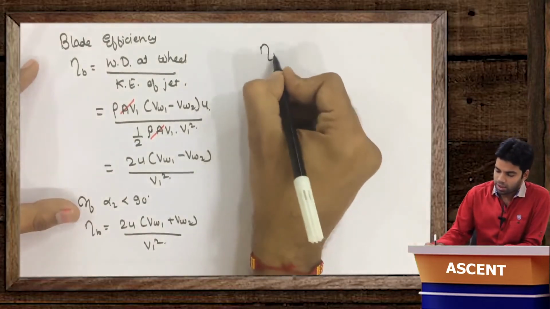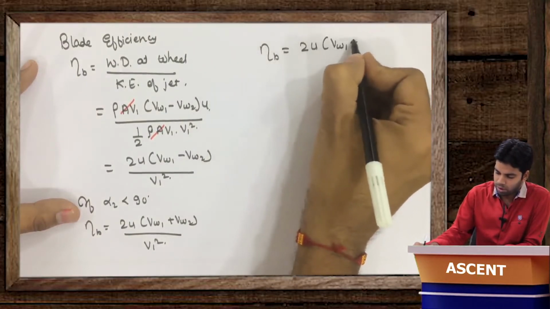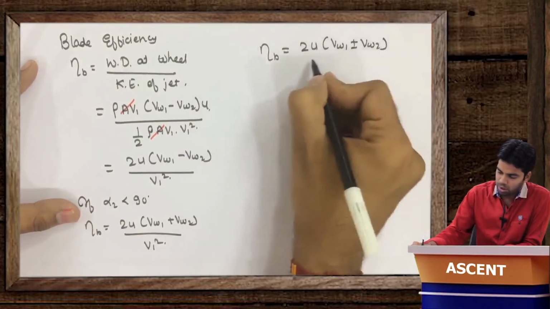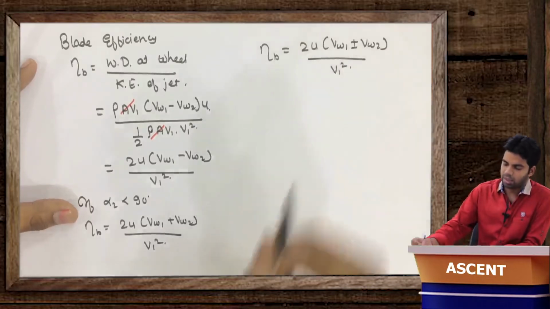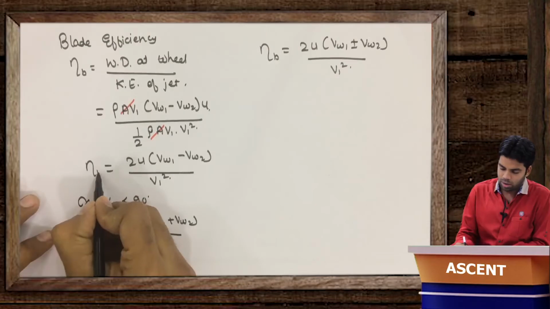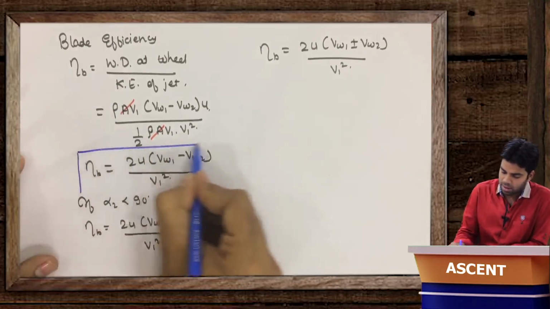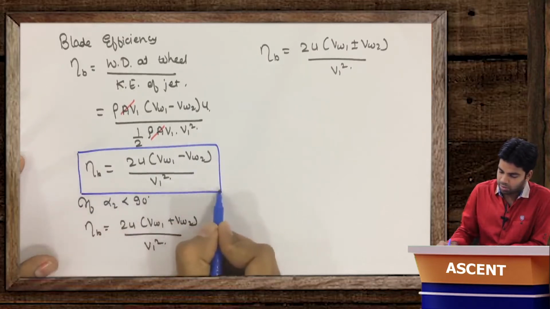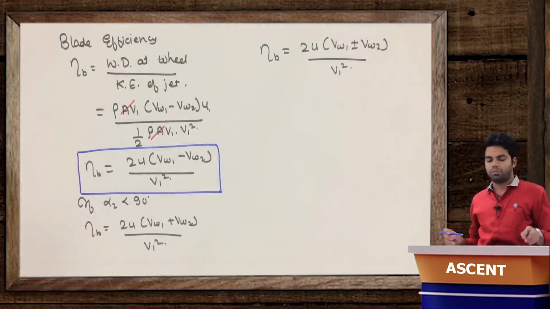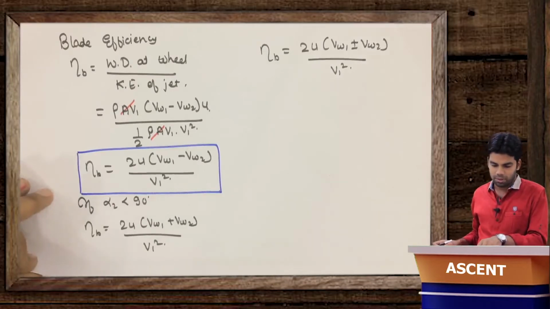Or you can write efficiency of blade as 2U (VW1 plus or minus VW2) divided by V1 square, depending upon the value of alpha. Initially we are considering alpha 2 as greater than 90 degree, and we will analyze with this result: efficiency equals 2U (VW1 minus VW2) divided by V1 square.